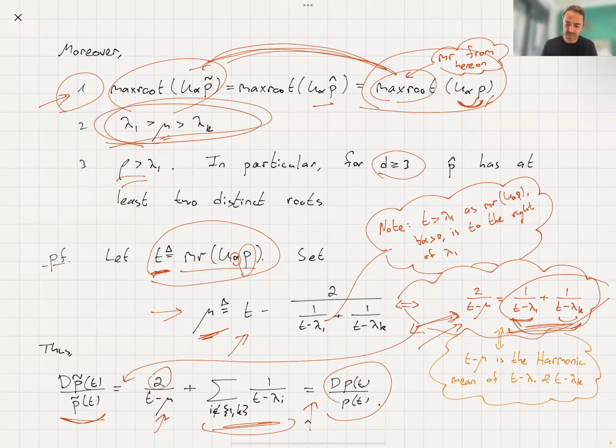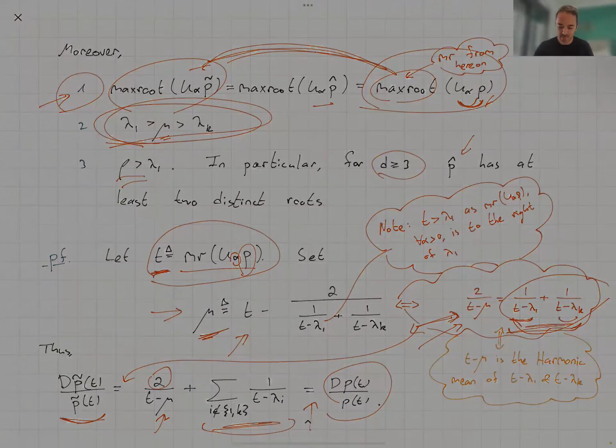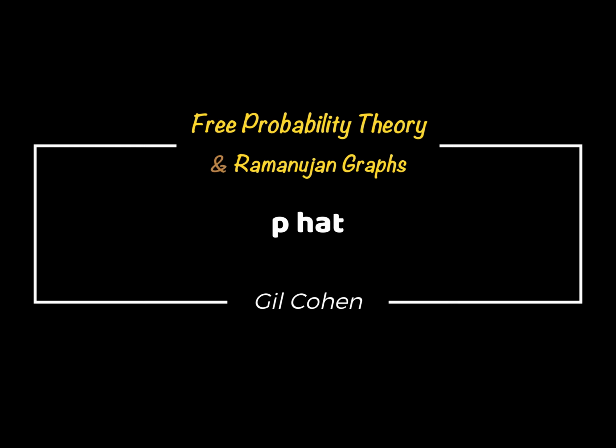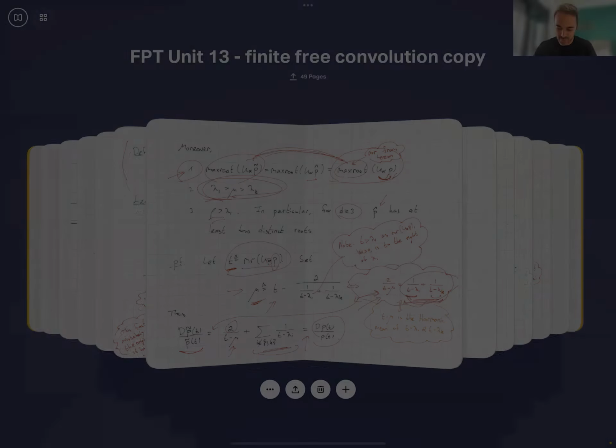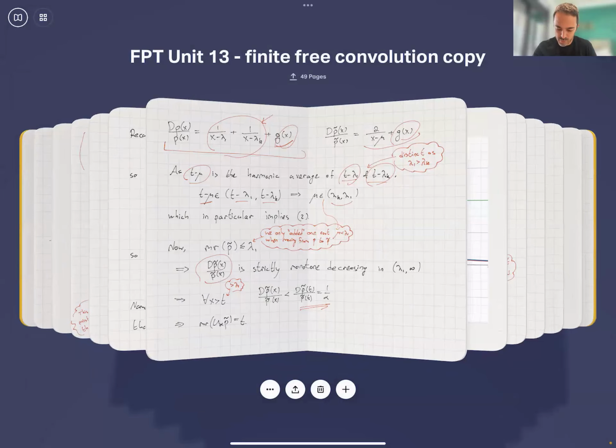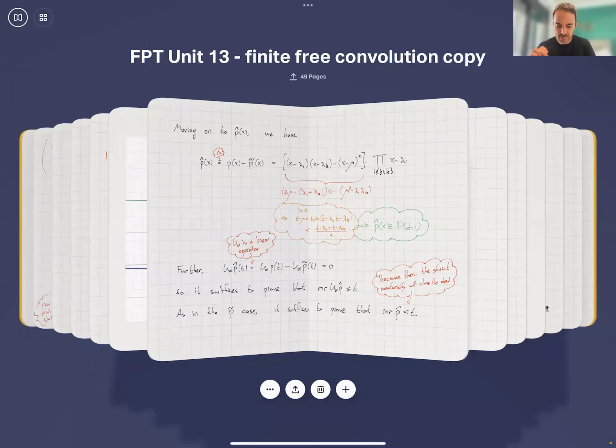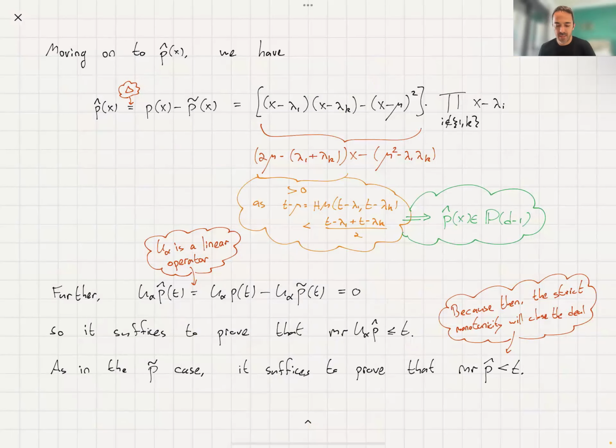So let's move to P hat. So P hat by definition is just the difference of these two things. We were given P and we defined P tilde explicitly. Namely, I told you what mu is. So now let's infer what rho is, okay?